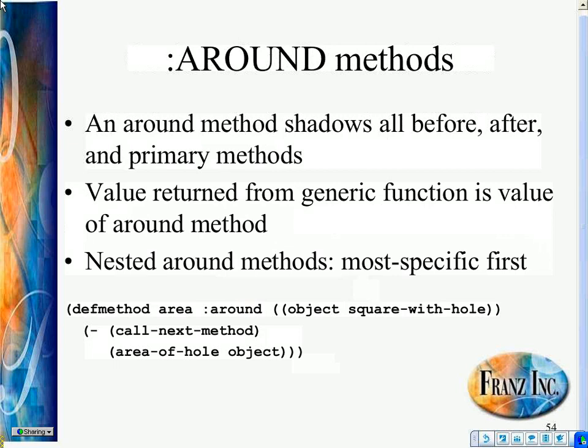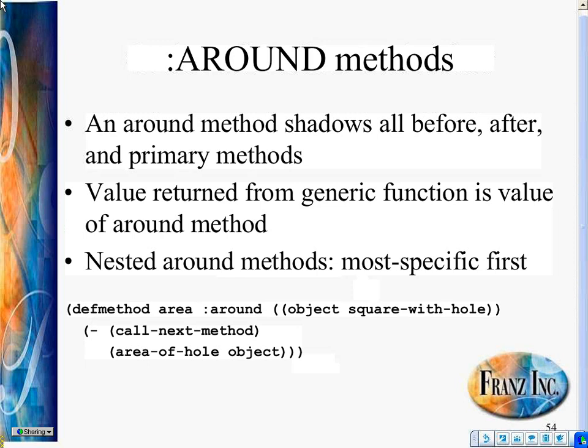Now, an around method, this is probably the last concept we're going to get through today. An around method is one that shadows all before, after, and primary methods.